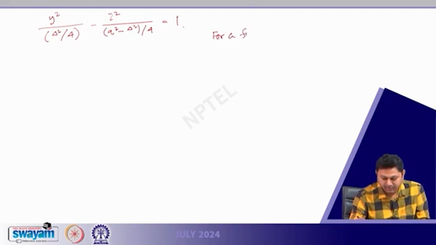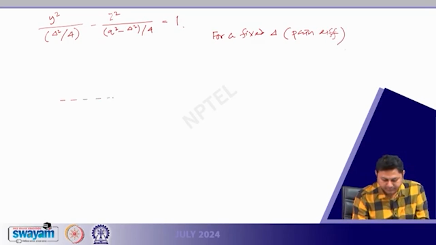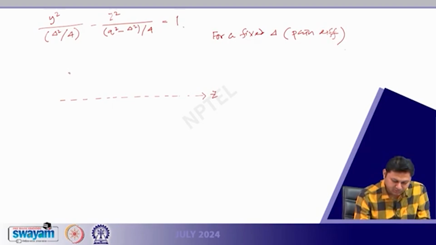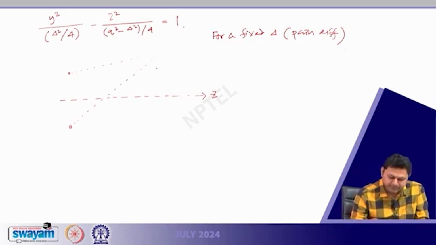So, for a fixed delta, that is path difference, one can have, so this is my Z, and the points S1 and S2 are here, and if I draw this, I can have the point P which is over this line.